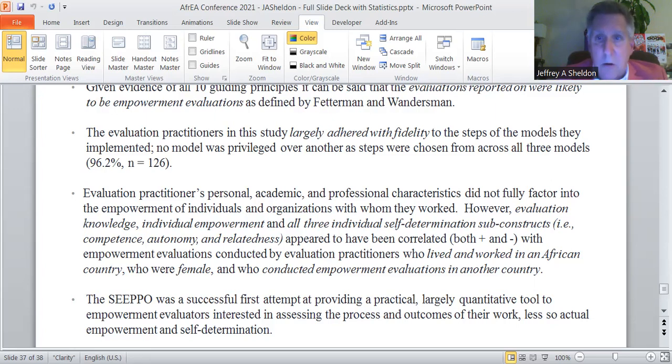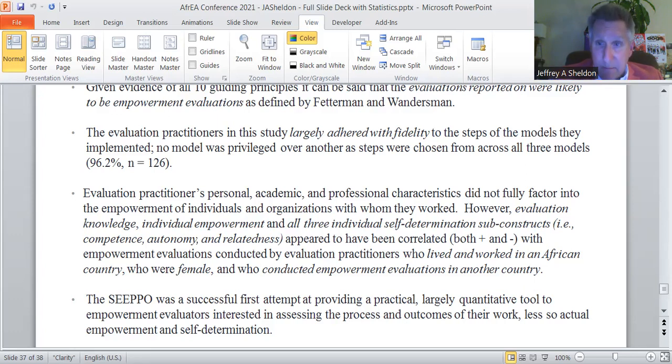So there's a relationship between being female and living and working in an African country or another country.